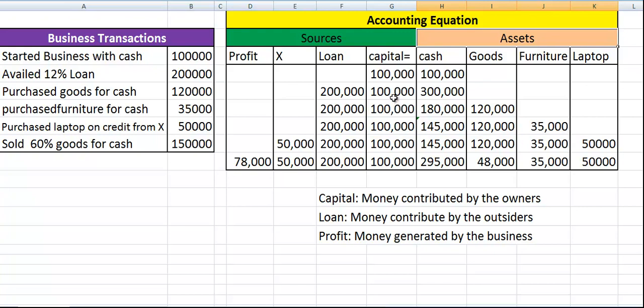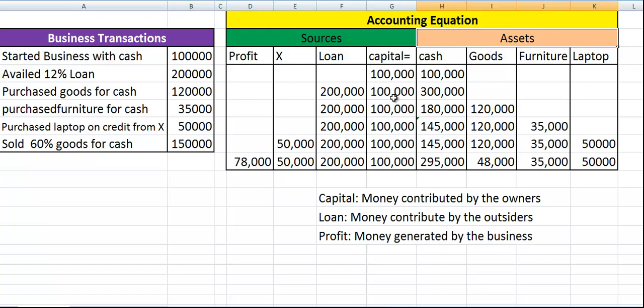So whenever there is a change in the source, there has to be a corresponding change in asset, or a corresponding change in the source, in such a way that assets will be equal to the corresponding sources, and the corresponding sources will be capital, loan or profit. Capital is money contributed by the owner, loan is money contributed by the outsider, and profit is money generated by the business.